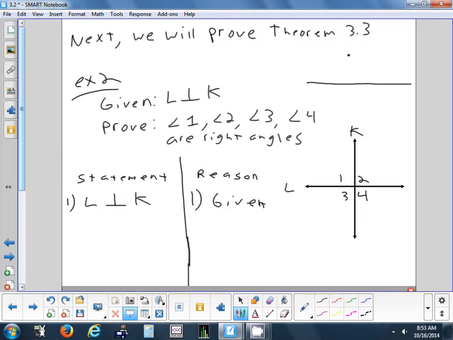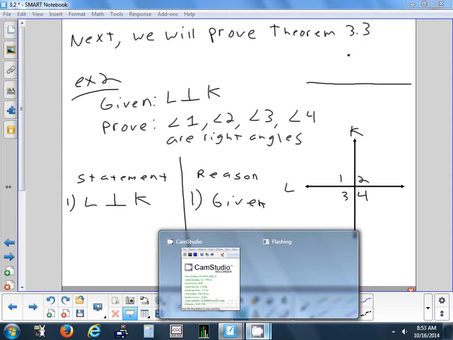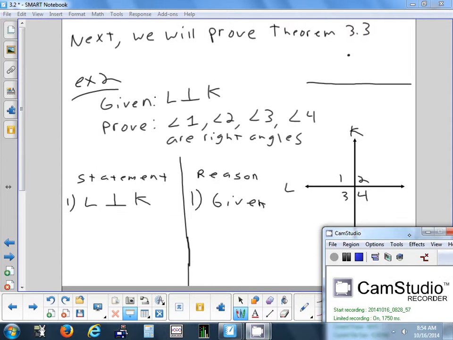I'm not sure if you could in this proof, but give it a shot and see what you can do with it. If you find it's making your proof too complicated, you might just want to not use that fact. Okay, I've started you off with the statement and the reason, and see what you can do from there.